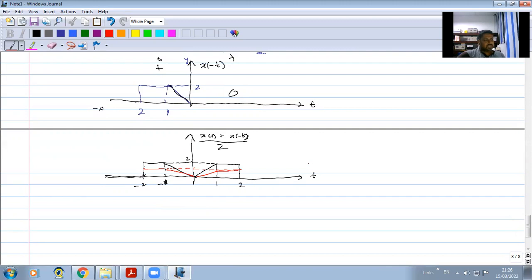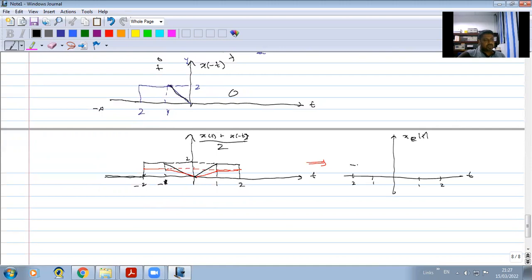So finally, for the even signal x_e(t), you will get 2 to 1, here also 1 to 2.